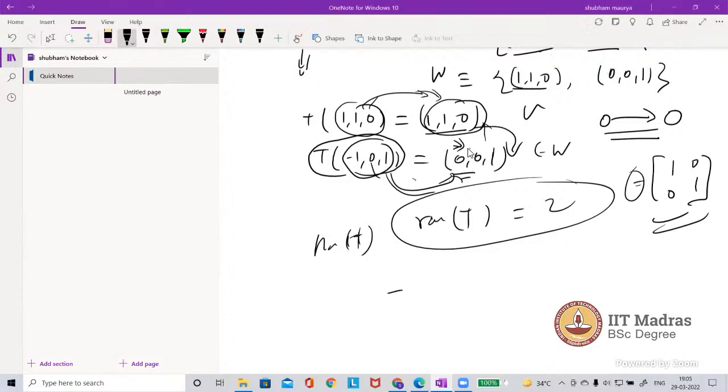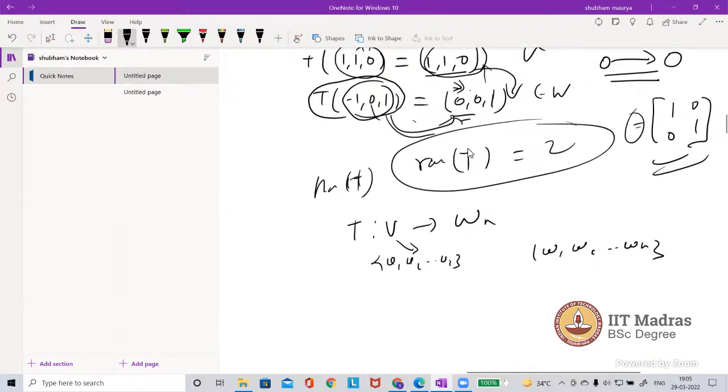See, we have a linear transformation from V to W, and suppose V1, V2, V3 is a collection of linearly independent vectors from V, and W1, W2, WK linearly independent. Let's say both have dimension n. So let's say Wn is an independent vector, and the mapping is like this: V1 maps to W1, V2 maps to W2, Vn maps to Wn.